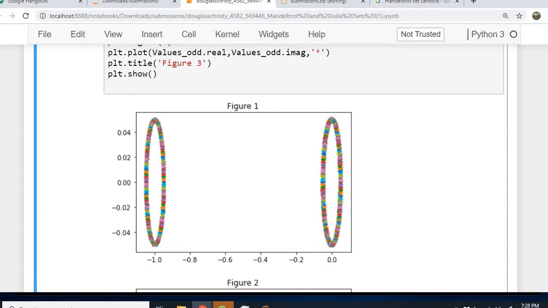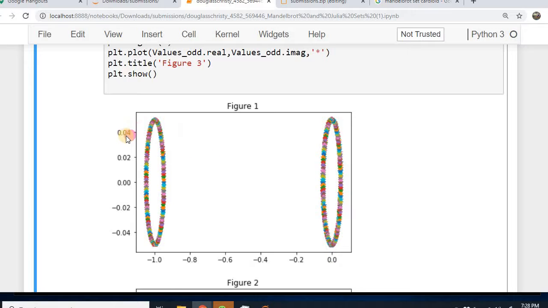All right, so there you have it. You have two things like this. Now, this is a very small circle. That's why it looks like this. The reason why these are actually probably very close to circles is, look at this scale here. This is -1, and this is 0.